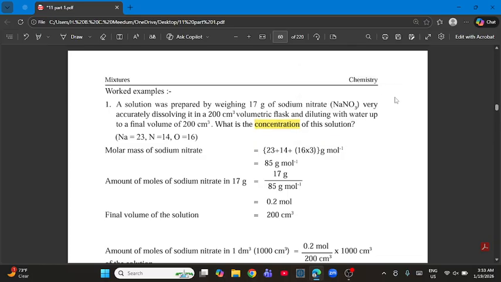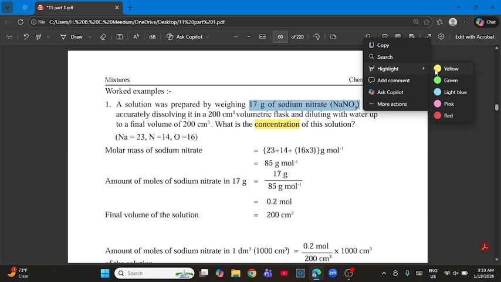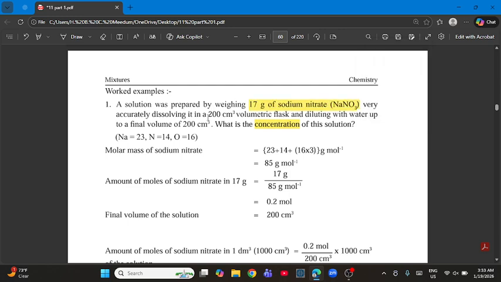Okay, so 17 grams of sodium nitrate was used, and this is the volume. First you have to find the number of moles, because concentration we write as number of moles over volume.